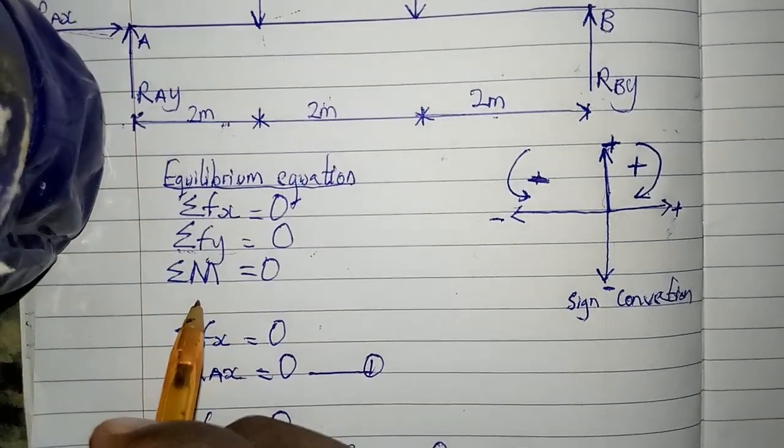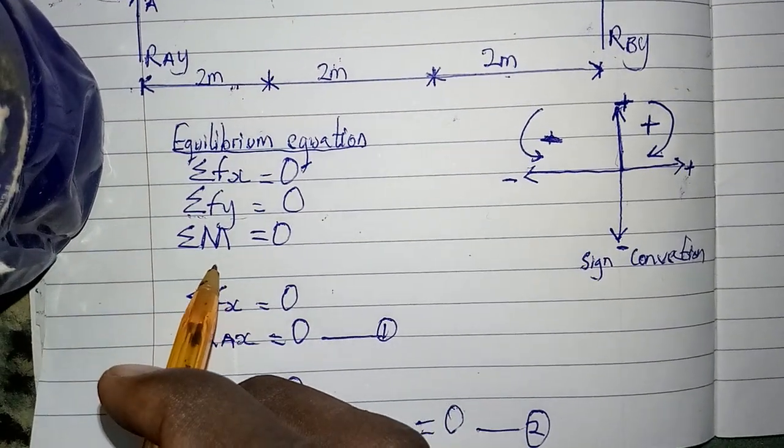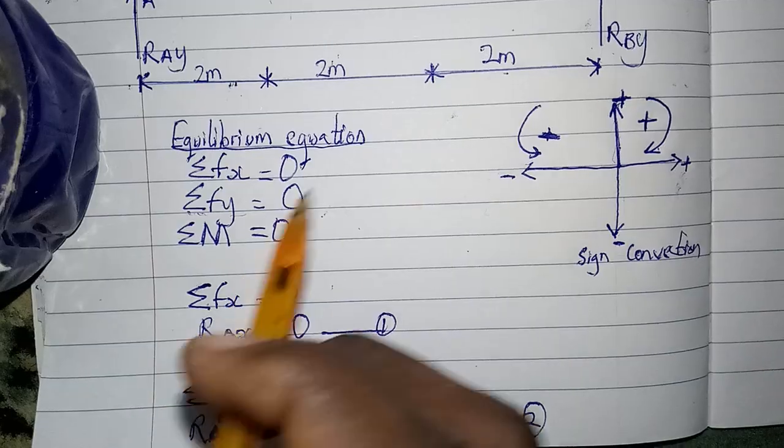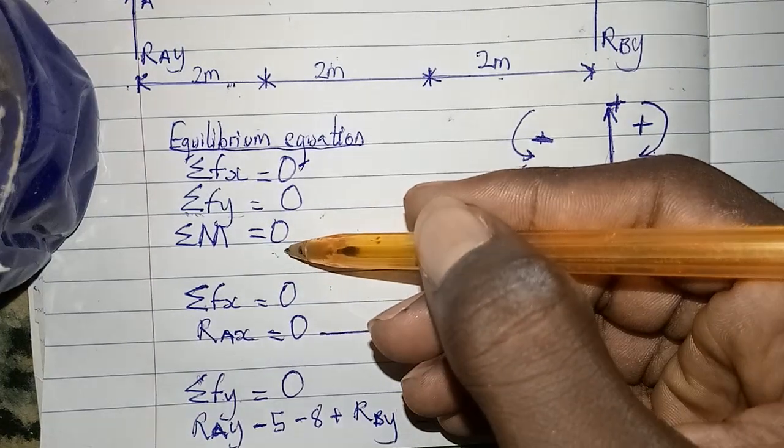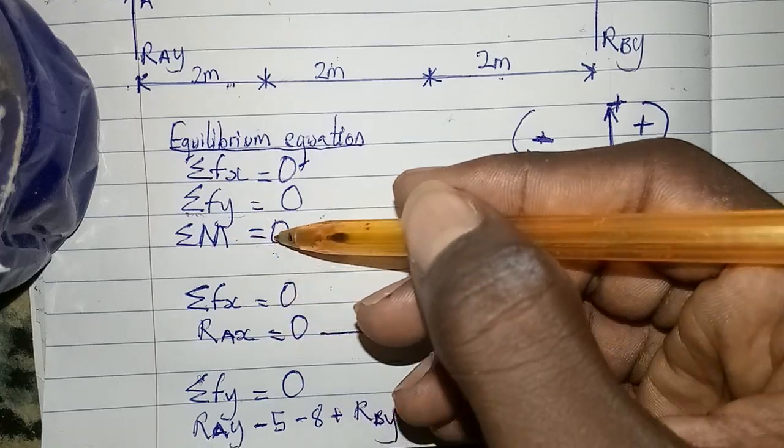Sum of moment of forces about a point, sigma M, is equal to 0.